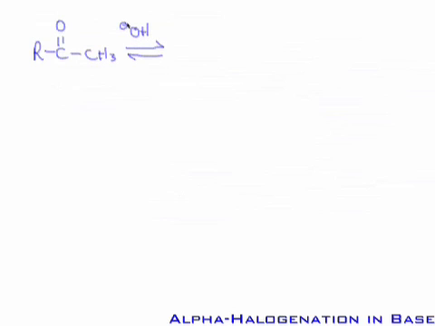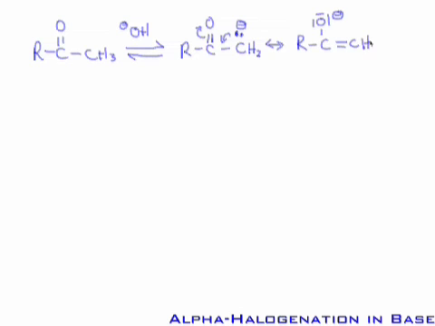Now clearly this doesn't happen to a great extent, but there is the possibility of forming a small concentration of CH2 minus. And the reason for that is the carbanion is resonance stabilized with the enolate anion. Granted, concentrations are small, but the presence of hydroxide will increase the concentration of the enolate.